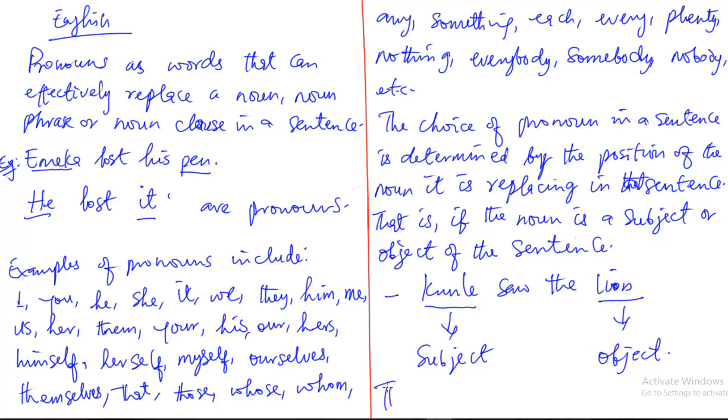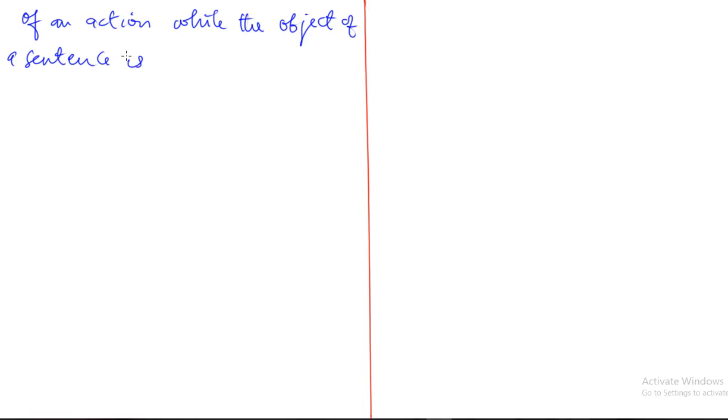The subject of a sentence, this is the 1000th time I'm saying this in this class, is the doer of an action, while the object of a sentence is the receiver of the action performed by the subject.